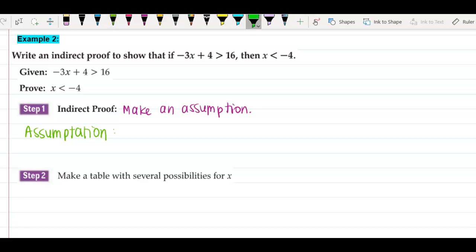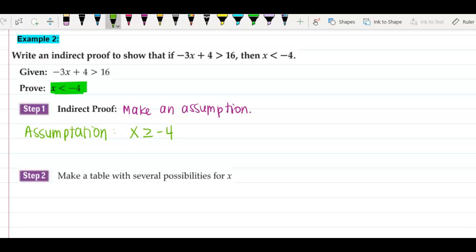We find the negation of x is less than -4. If we want the complete opposite, we're going to assume that x is greater than or equal to -4.